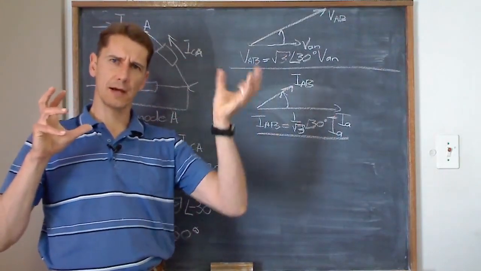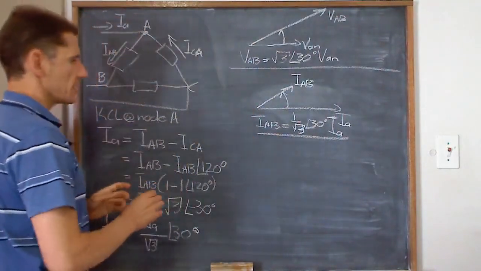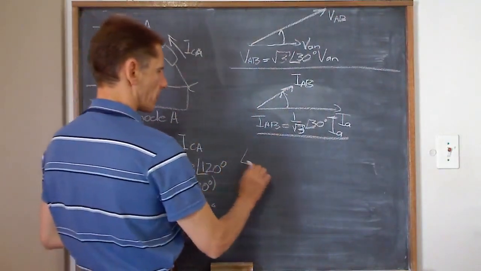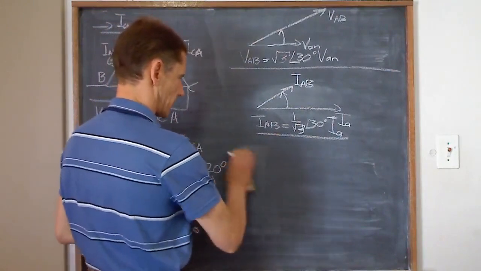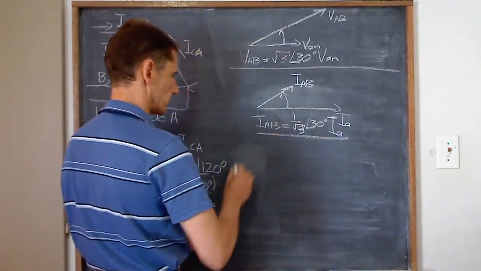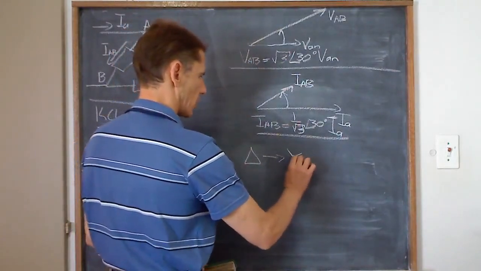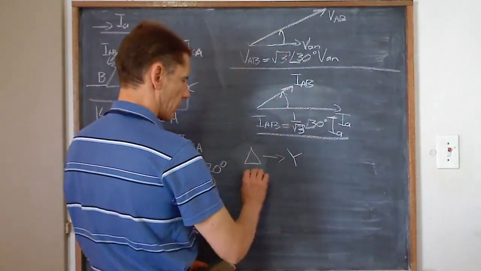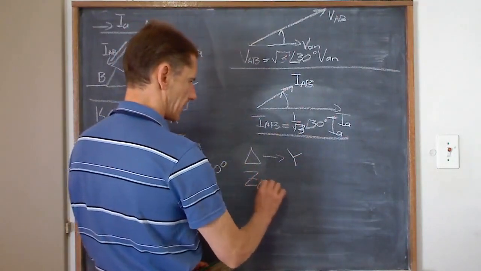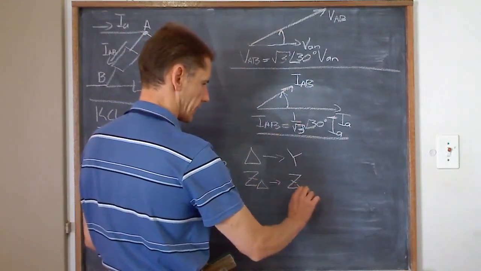We want to take this delta and convert it to a Y equivalent load. So I want to go from a delta to a Y equivalent. What do I have to do with my Z delta to get to a ZY? Can you remember?